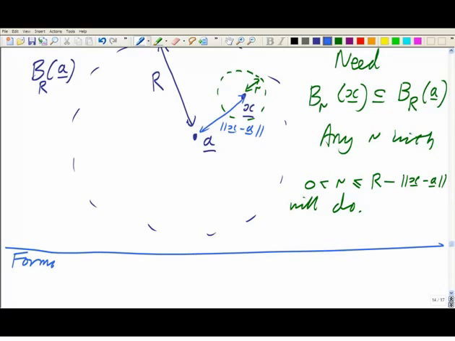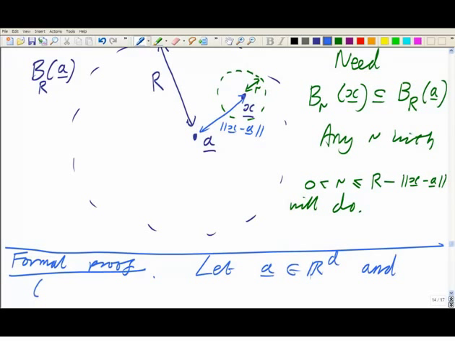So now here comes the formal proof. I want to prove that every open ball in R to the D is an open set.